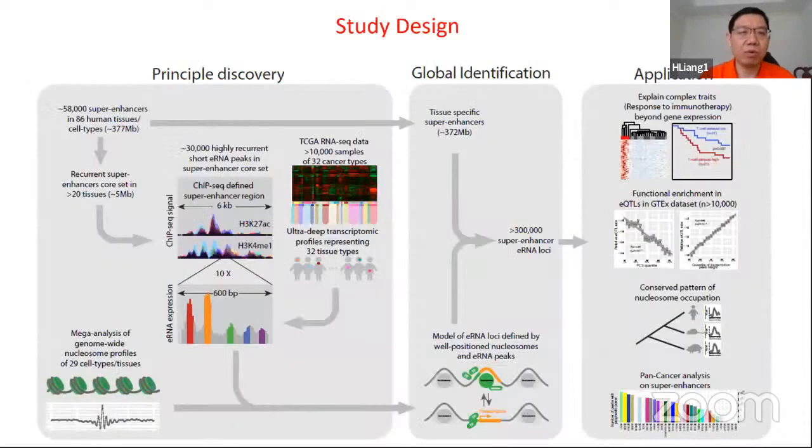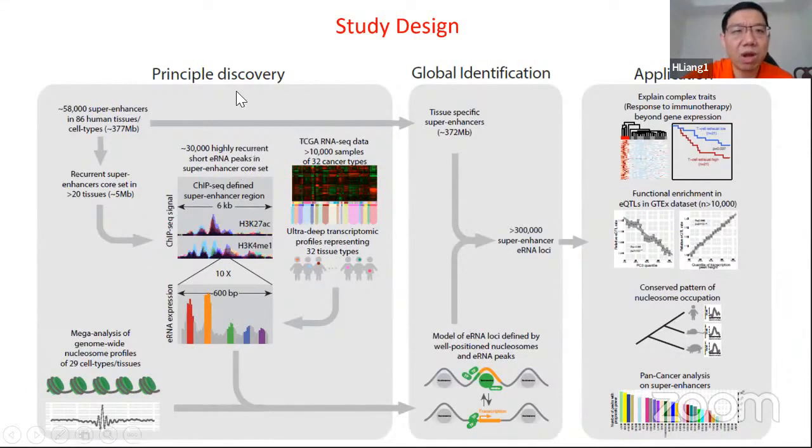So for that, we performed a study. Here, just a general view. We focus on some core super enhancer regions, which is about 377 megabase. And then we use TCGA to study these regions to try to understand the enhancer RNA expression pattern within the super enhancer region. From there, we hopefully form some principle.